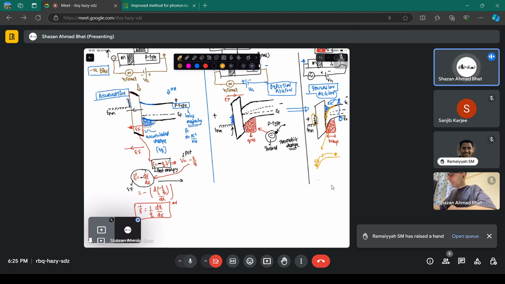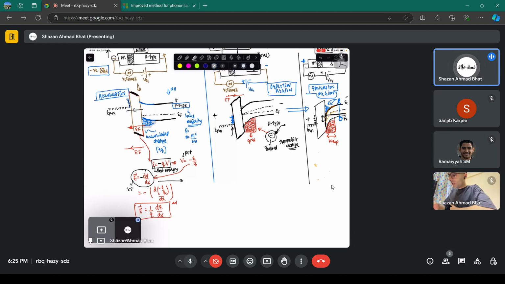So that is what happens in inversion. You have totally inverted the interface. It was p-type, but now the interface has been converted to almost an n-type region, which is also reflected in the Fermi level. The Fermi level is like this, but the intrinsic level goes down like this. So the Fermi level goes above the intrinsic level, and it almost touches the conduction band.